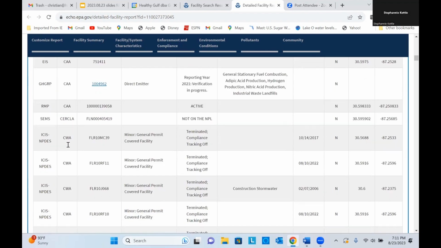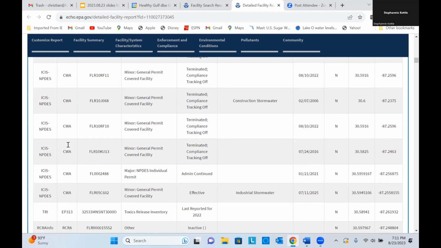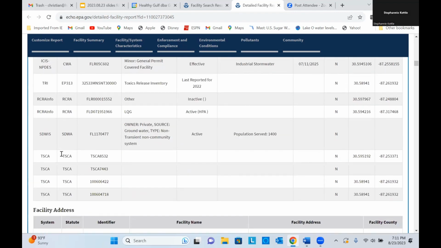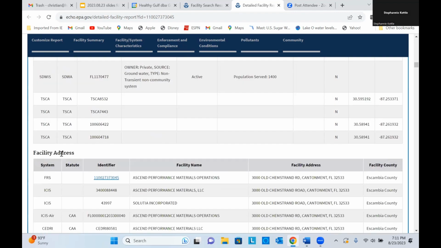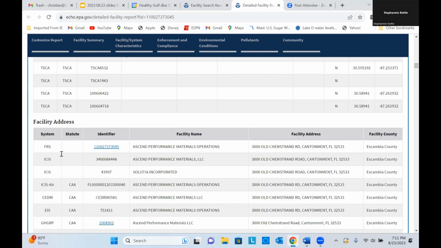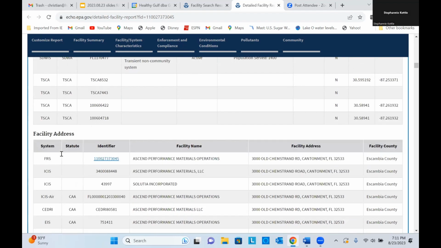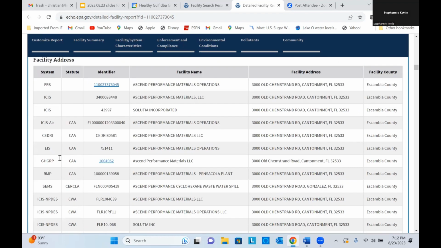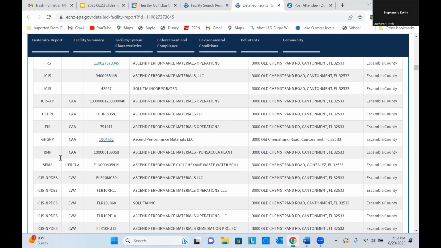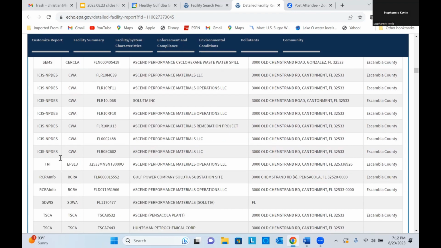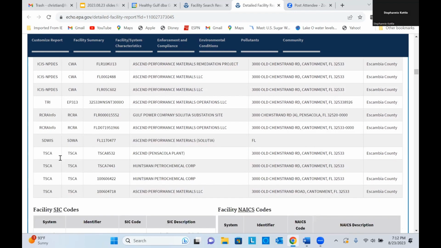If we just scroll down through those, this part's kind of hard to follow. And then we get into the different, I think that's under facility address, these are all the different addresses associated with the individual permits, which is mostly all the same address up there on ChemTrail. Sometimes they have multiple permits on the same site or nearby that may have different addresses.